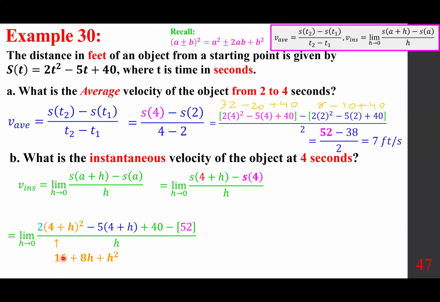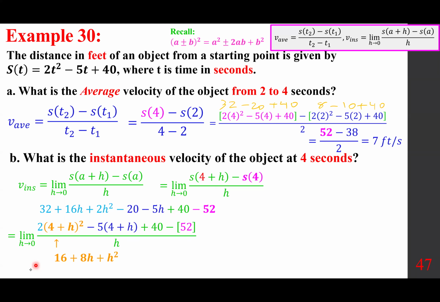You get 2 times 16, 32, plus 16h, plus 2h squared, minus 20, minus 5h, plus 40, minus 52.